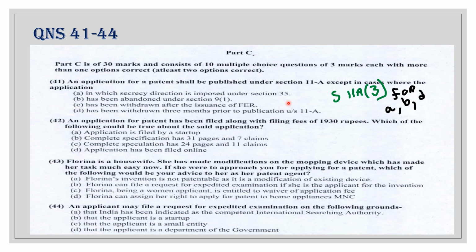So, the correct options are A, B and D. Three options will be correct here, and option C will not be correct because here it is mentioned that it has been withdrawn after the issuance of FER.